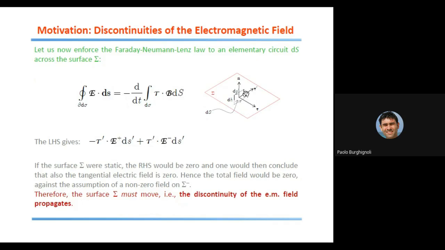As you can see, the direction is opposite on the two sides, dot E minus, and again the length of the lower segment, which is again dS prime.